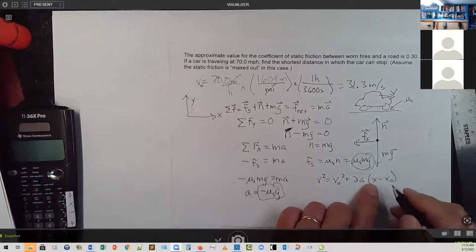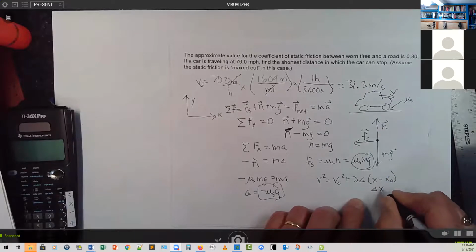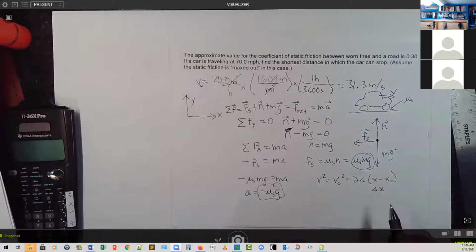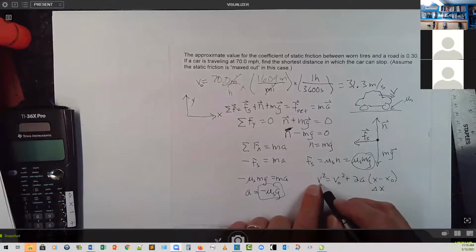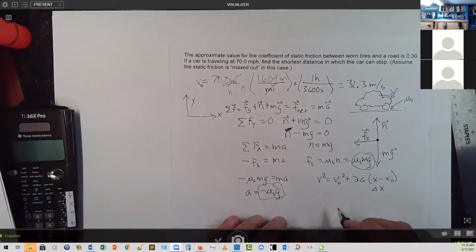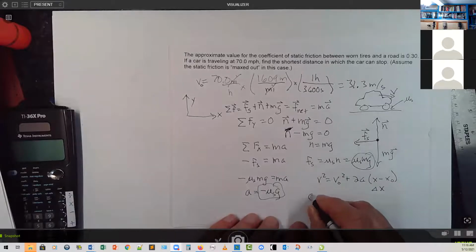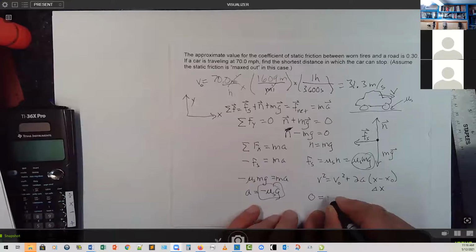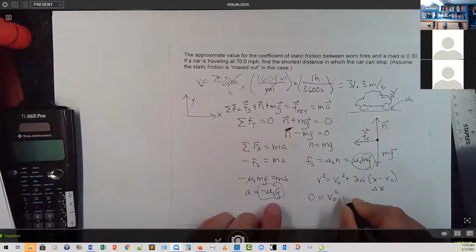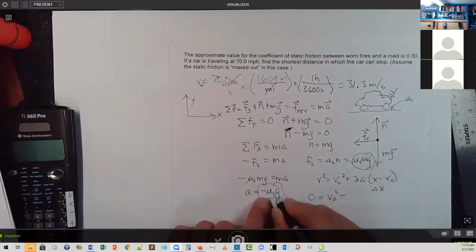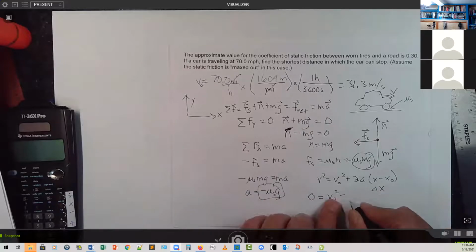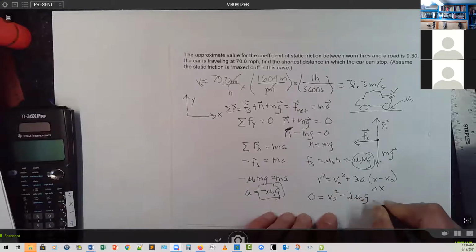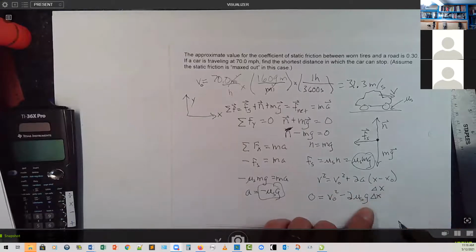I'm just going to call this delta x, the change in the x position. And we're bringing the car to a stop, so this v is going to be 0. And so I'll have 0 is equal to v naught squared minus 2 mu sub s g delta x, where a is that, and that's the minus sign.